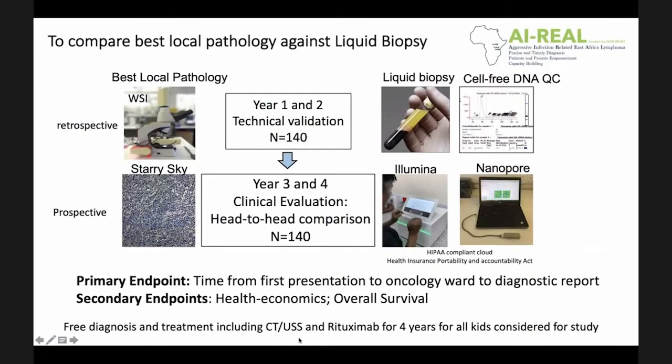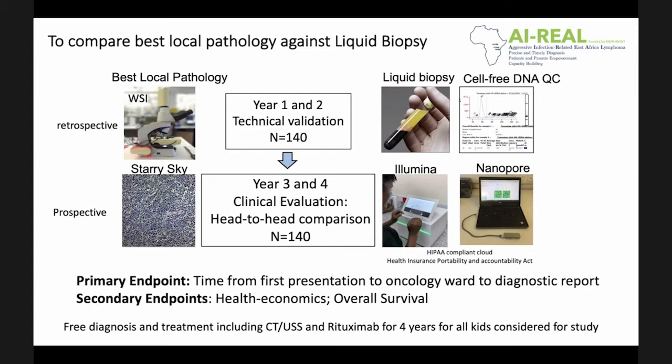And what we're trying to achieve is to compare the best locally available pathology with a new way of diagnosing lymphomas and other cancers indeed, which is a liquid biopsy using analysis of cell-free circulating tumor DNA and subsequent sequencing.